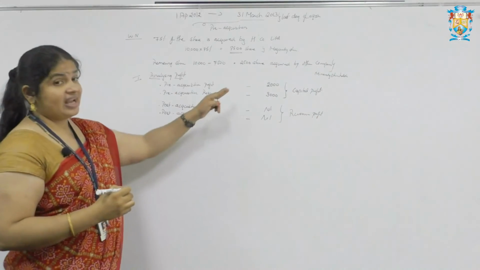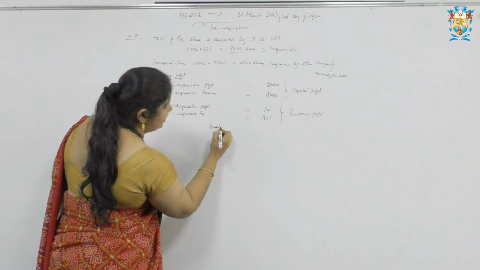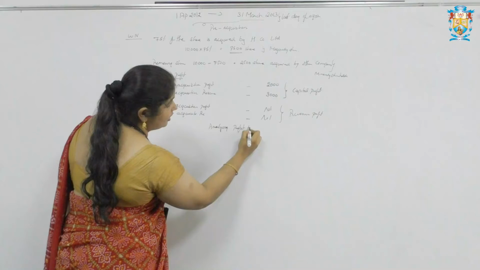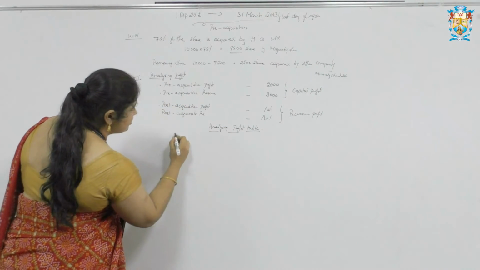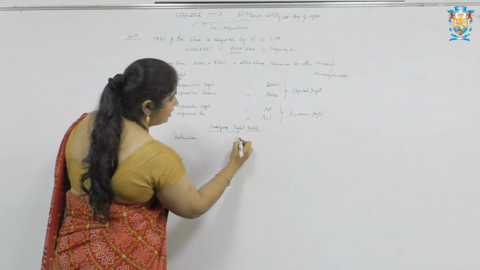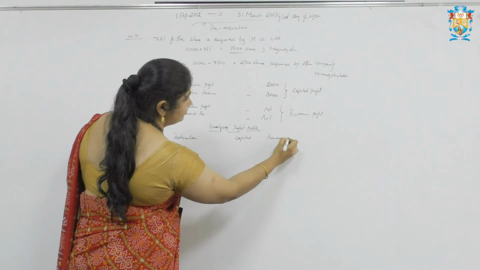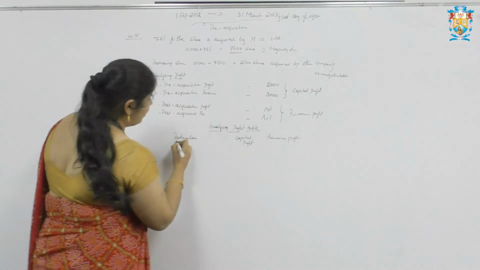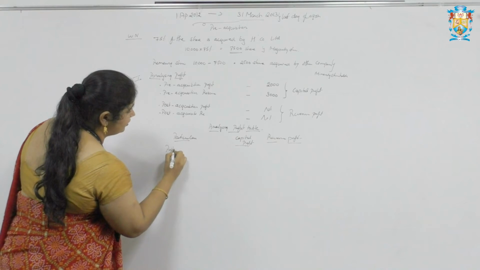Now whatever we have written here, let us write it in the table: the analyzing profit table. Write particulars, capital profit and revenue profit. Under particulars, first write the profit and loss account.